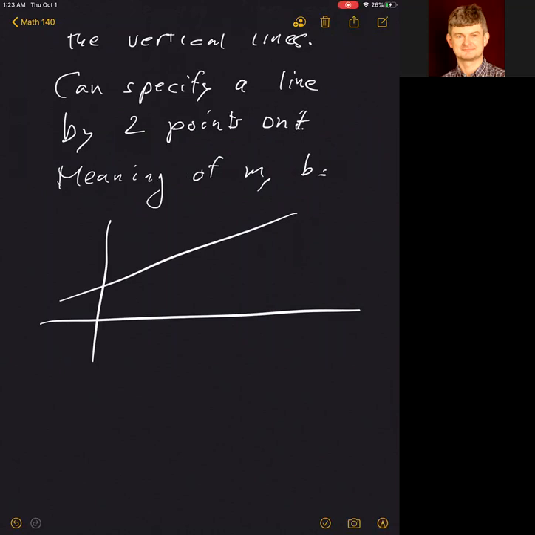Where in the picture can you see the b? And the answer is, when you substitute x equal to 0, then you get f of x is b. So that is specifying this point on the graph. Coordinates are 0, b. And this is how you can geometrically see the value of b.